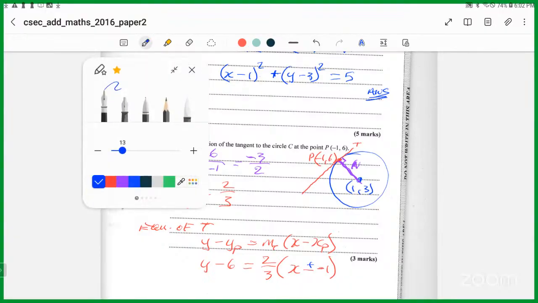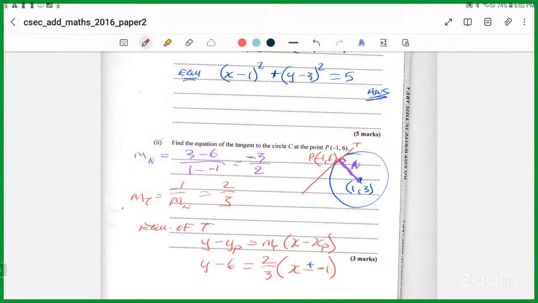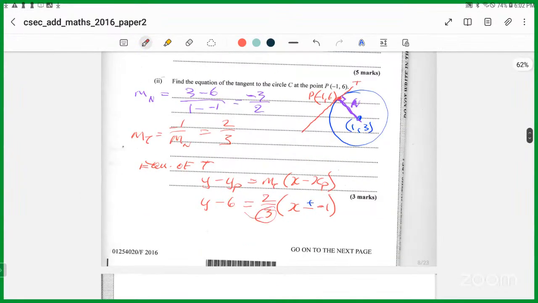Alright, and then to simplify this quickly, we can take this 3, multiply across it by those 2 values, and get 3y minus 18 equal. Take this 2 and multiply it inside this bracket. So get 2 times x is 2x, and 2 times this positive 1 is plus 2.